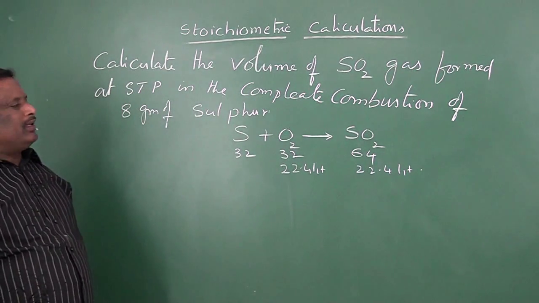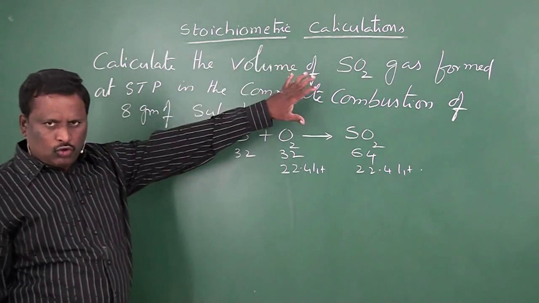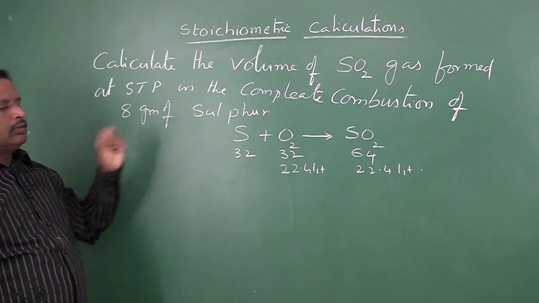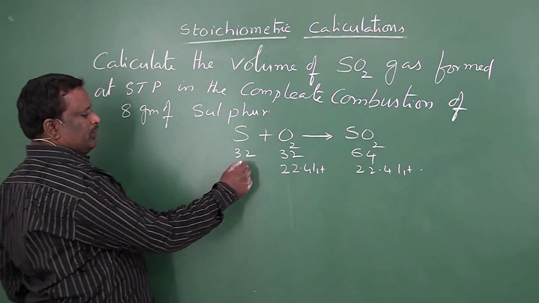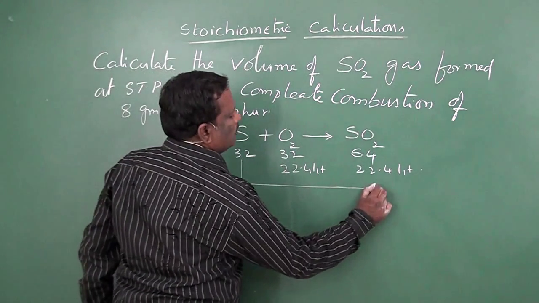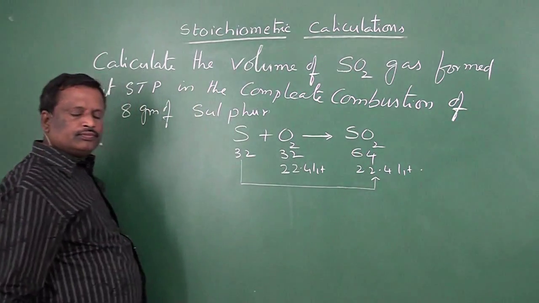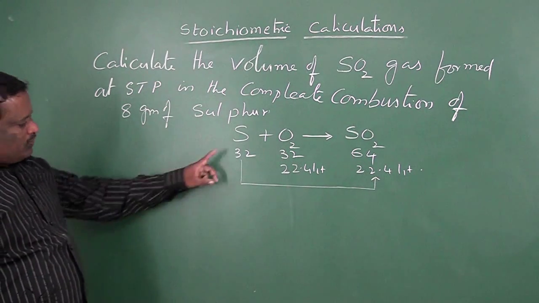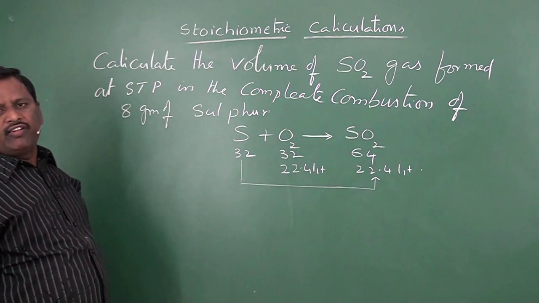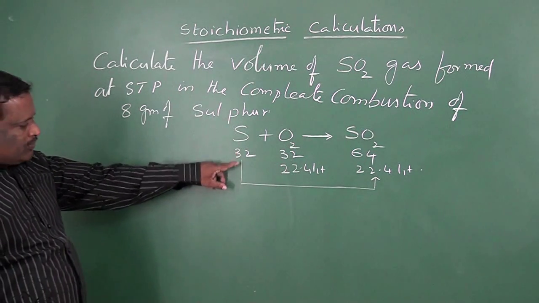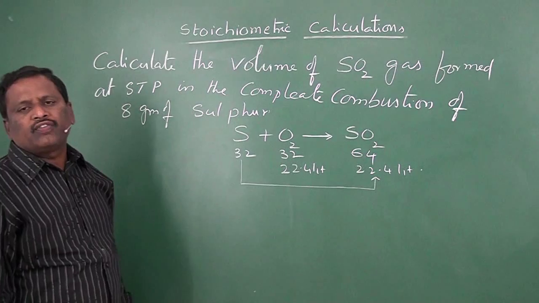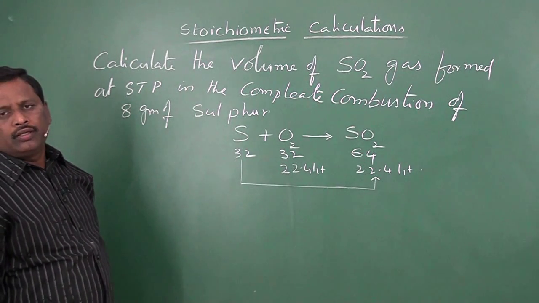Now what they are asking is the volume of SO2 gas formed when 8 grams of sulfur was completely burned. So they are asking the relation between sulfur and the volume of SO2. From this equation, it is evident that 32 grams of sulfur can form 22.4 liters of SO2 gas at STP.